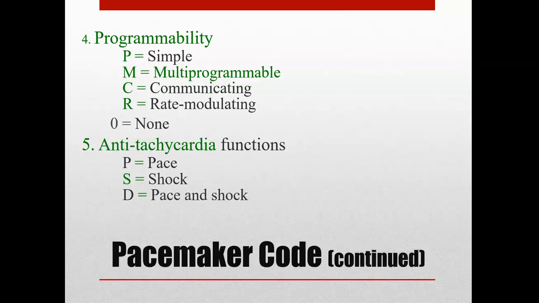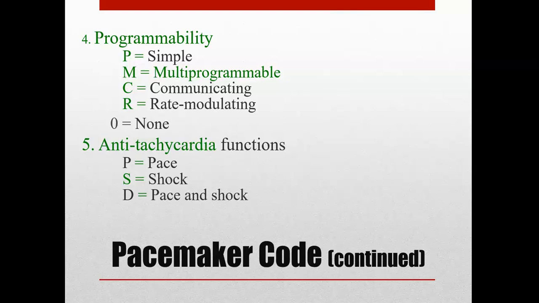So position 4 describes two different device characteristics. They are the degree of programmability and the presence or absence of an adaptive rate mechanism. So 0 is none, so nothing happens. It indicates that the device is not programmable and possesses no adaptive rate feature.